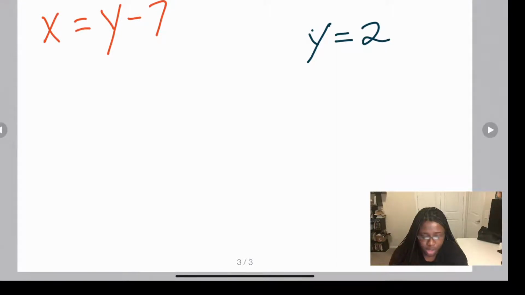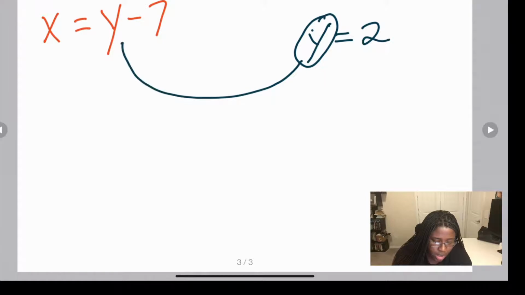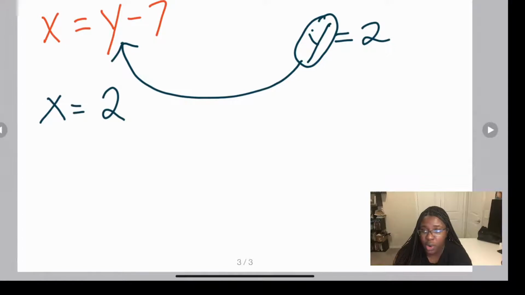We are going to substitute our y, which we can call our ham, I guess. And that y is going to substitute in for the y sitting where that x is because we want to find out what x is. We've got to know it. So if I do that, you'll see that x equals, instead of writing y, we'll write 2 because we replaced it or substituted it, minus 7. And if I do that math, I'll get x equals negative 5.